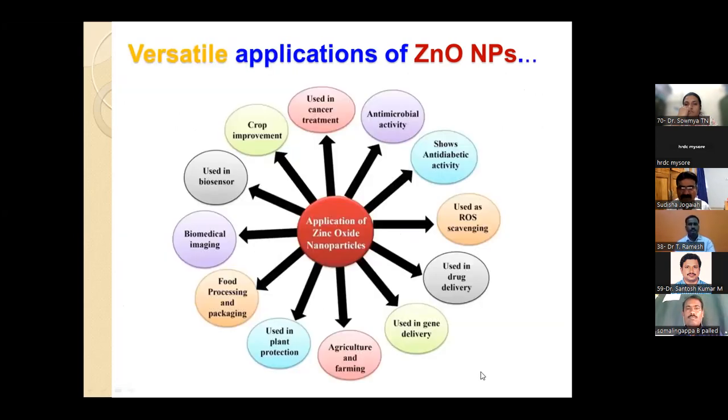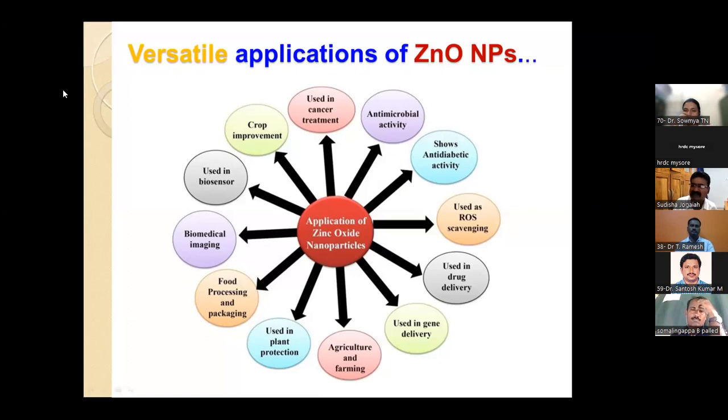Yeah, of course, since I come from a plant pathology background, I am more emphasizing crop improvement as well as antimicrobial properties. But if you see the literature, zinc oxide nanoparticles have versatile applications. See the application part. You can just imagine what else has been left out.